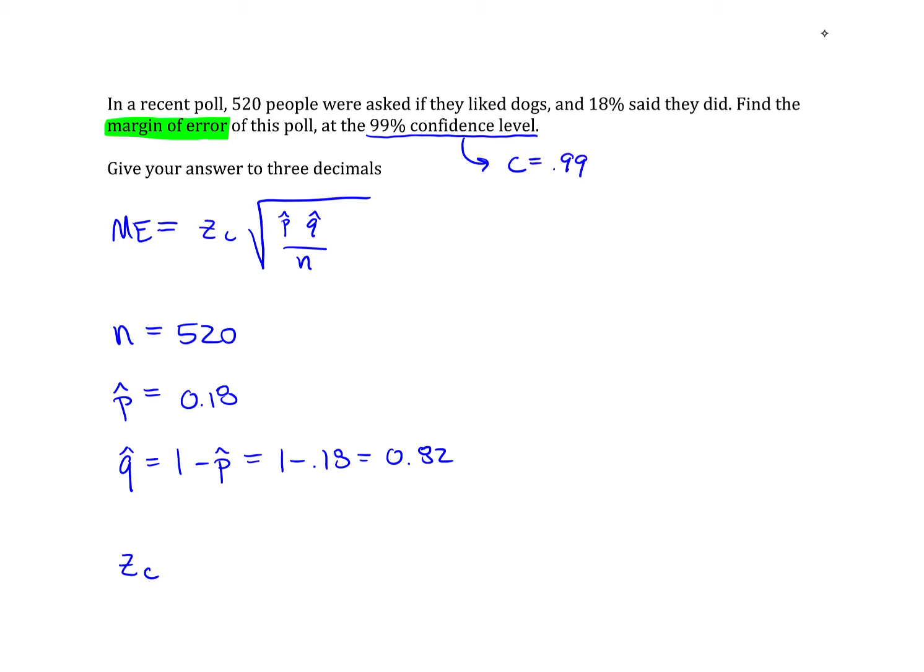In order to convert a level of confidence into a critical value, we have a formula, which is the absolute value of the inverse norm of 1 minus c divided by 2. Whatever technology you're using for inverse norm calculations is fine. We should all get the same result either way.